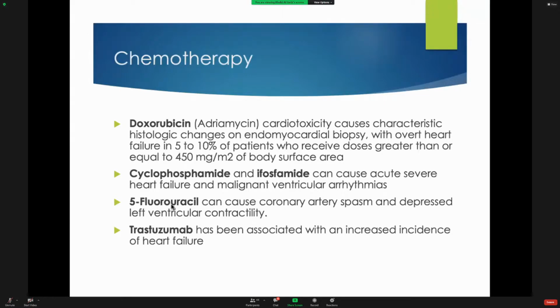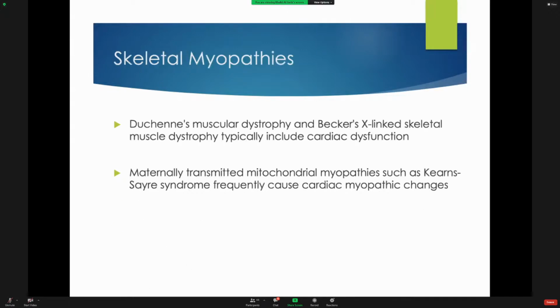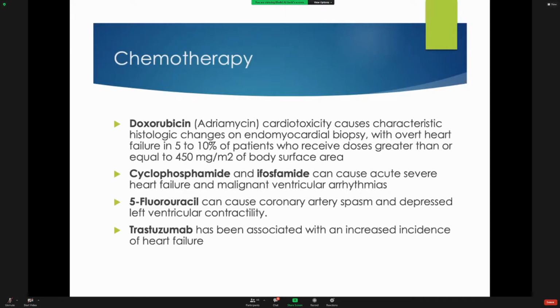I saw two cases of 5-fluorouracil causing coronary artery spasm and decreasing left ventricular contractility. All of these chemotherapies can cause cardiomyopathy and heart failure. Cardiomyopathy is a muscle disorder, so it will cause heart failure.